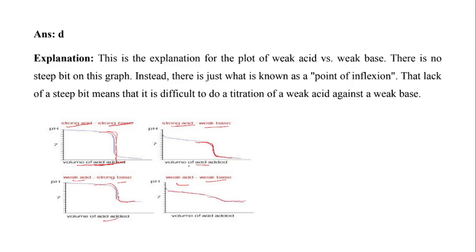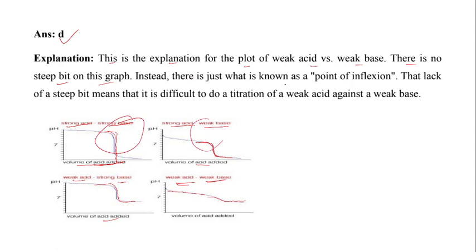That's why option D is correct, meaning it is weak acid and weak base. So this is the explanation for the plot of weak acid and weak base. There is no steep bit on this graph. In all the remaining graphs you can see that there is a steep bit.